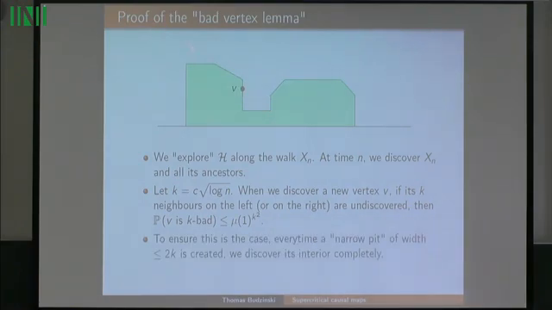So what I do is that every time such a narrow pit is formed, I fill it entirely before it gets too narrow. And if I do that, I always have a lot of room next to the vertices I discover. So at each step, the probability to discover a k-bad vertex is exponential of minus k squared. And it's possible to control the total number of vertices that we need to discover. Of course, it's a bit more than the number of steps of the random walk, but it's something that we can control.